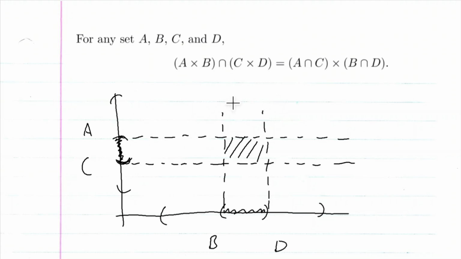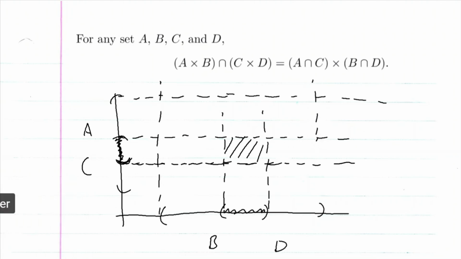geometrically. So we have A cross B. A cross B is this right here. So this is A here, and then B is here. Oh, no, that's not B. Let me go back a little bit. So B goes up to here.